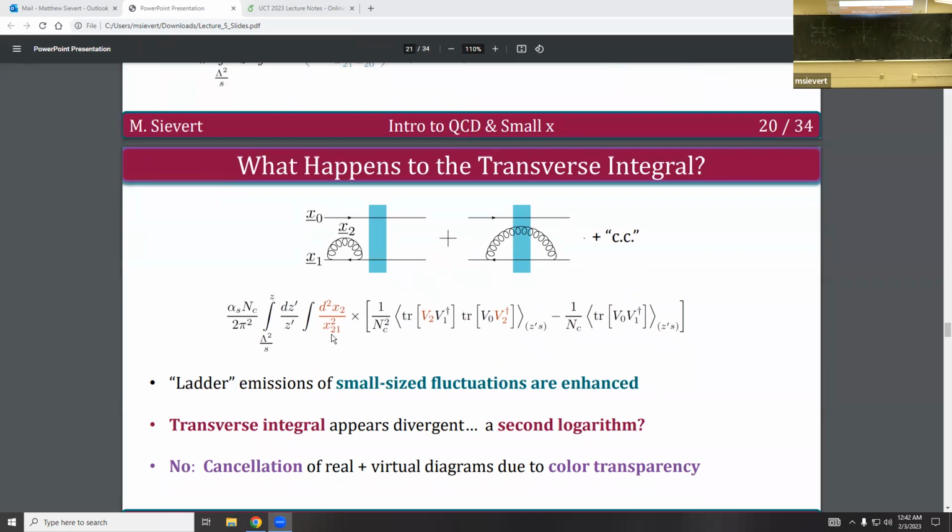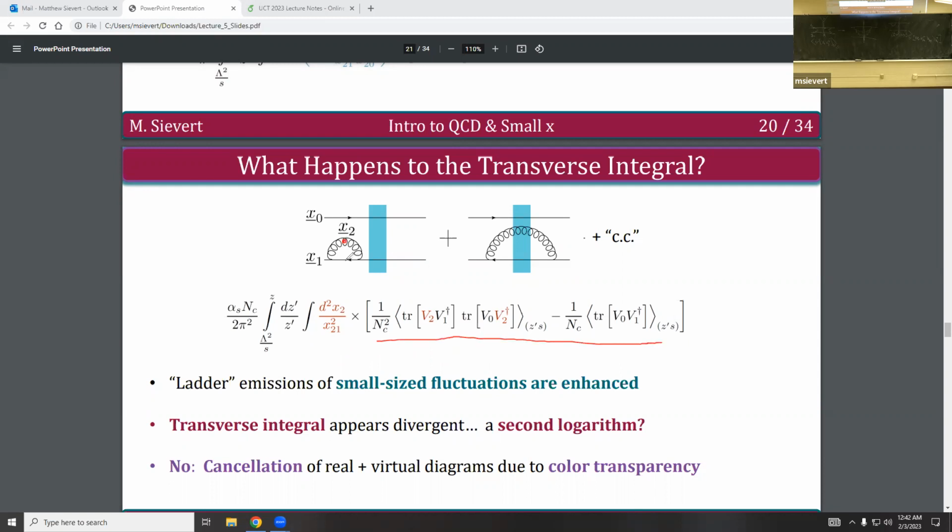This one, in fact, does become logarithmic if x2 becomes very close to x1. So if x2 minus x1 is very small, then I get a logarithmic enhancement from this phase space that, if the rest of this integrand were order 1, would generate for me not just alpha s log 1 over x, but another log 1 over x potentially. But that doesn't happen because of the structure of this operator.